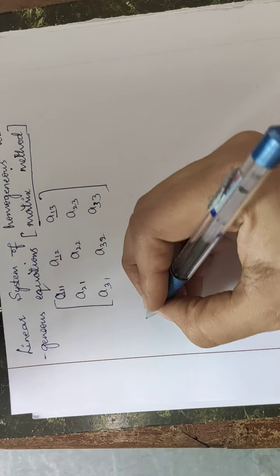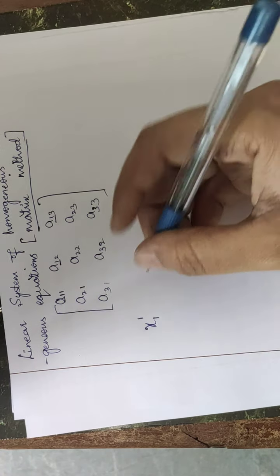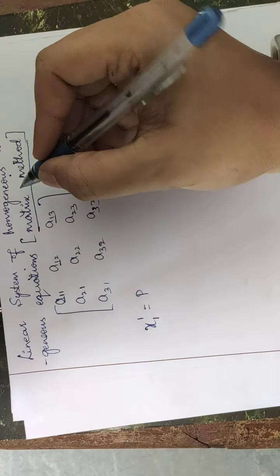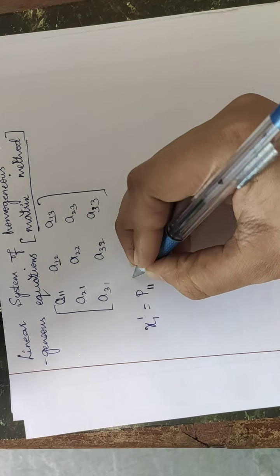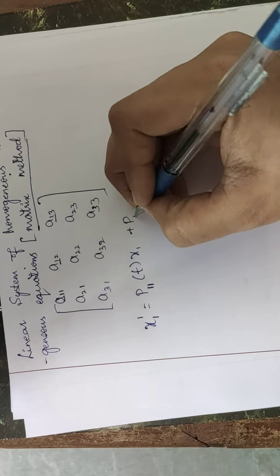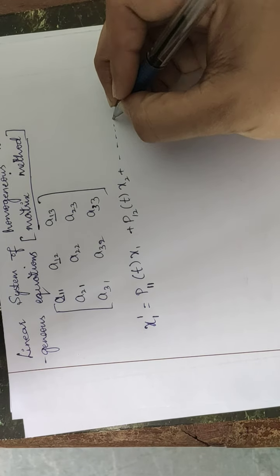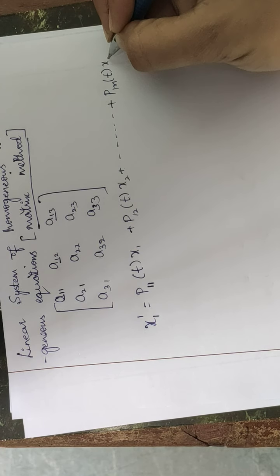Since it is first order, I will write it as x1 prime will be equal to, we are dealing with matrix method, so p11 of t into x1 plus p12 of t into x2 plus so on up to p1n of t into xn.